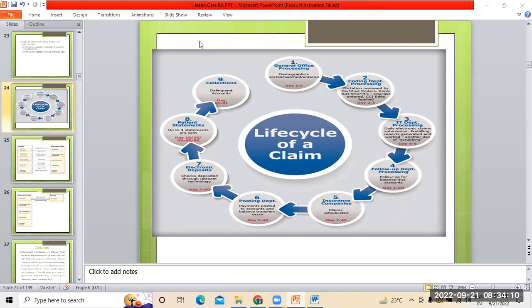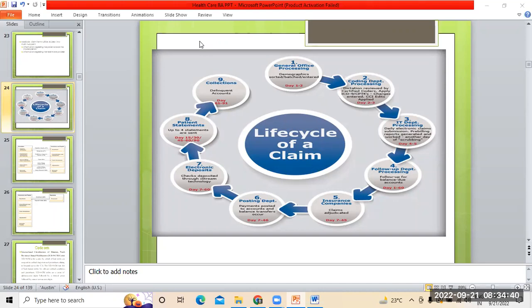From there, through electronic deposits, including patient statements through clearing houses, collections will be sent, and claim closures will be sent to the healthcare providers who submitted the claims on the first day itself. So this is the whole life cycle process of a claim which we normally follow.